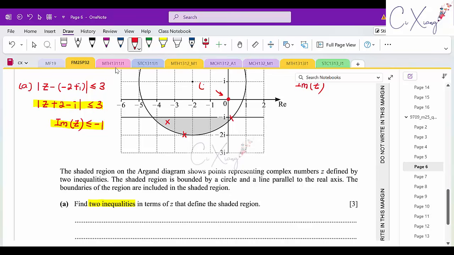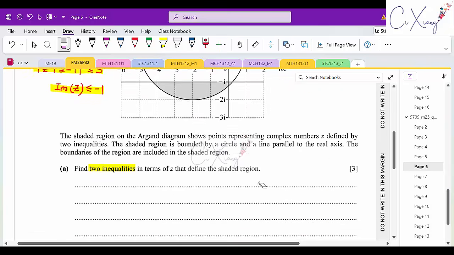So the distance between z and (0, 0): let's say this is my point z, then the modulus z from (0, 0) is this length. If my z is here, then the modulus z is this one. So z can be any point in the shaded region.